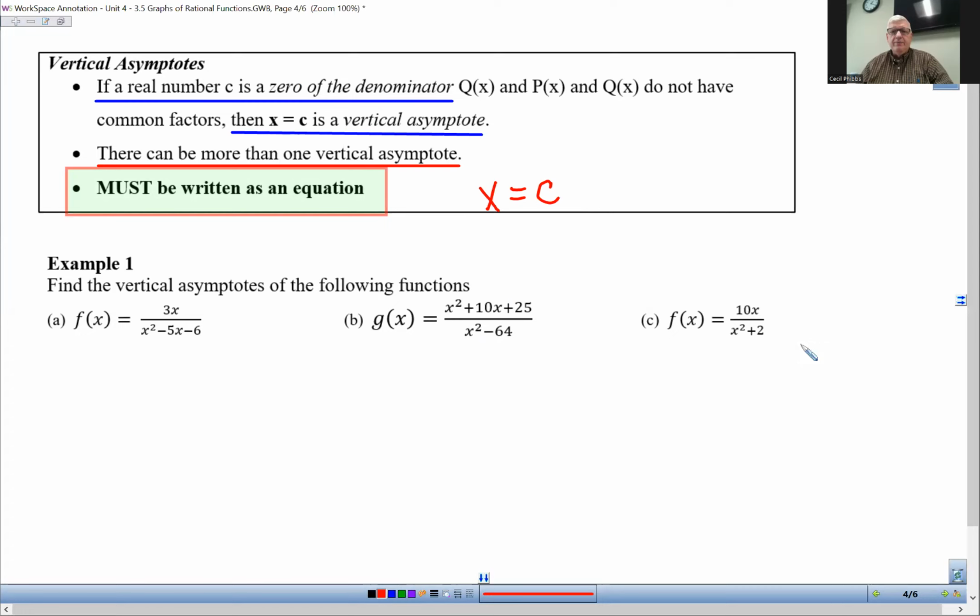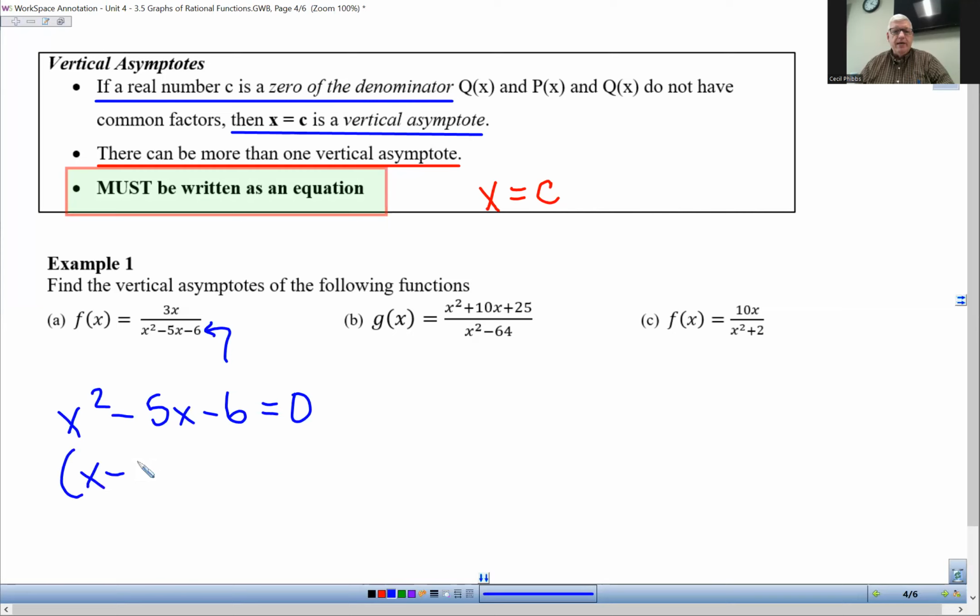Okay, so we have three examples. We're going to look at three different types here. So the first one, again, we're only looking at the denominator. So we're going to take this denominator, x squared minus 5x minus 6, and we're going to see what values make it equal 0. Those are the values that are going to be our asymptotes. So for this one, we can factor.